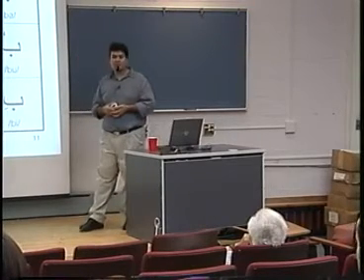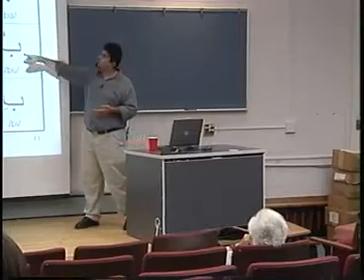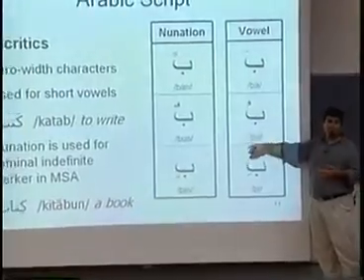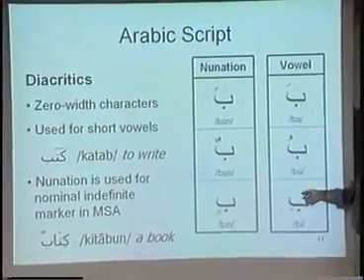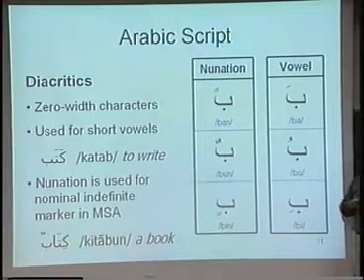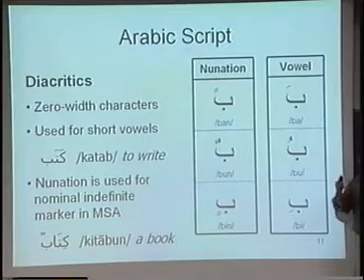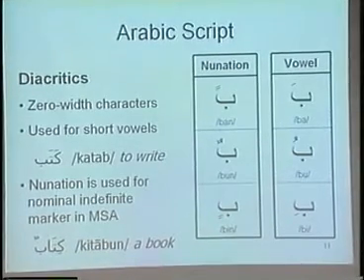But both of these, case marking and nunation, basically disappeared in the modern era in spoken dialects. There is no case marking whatsoever, and there is no nunation. So all of them became zero. People either choose not to pronounce them at all, and you have enough information from the context to know whether the word is definite or indefinite.